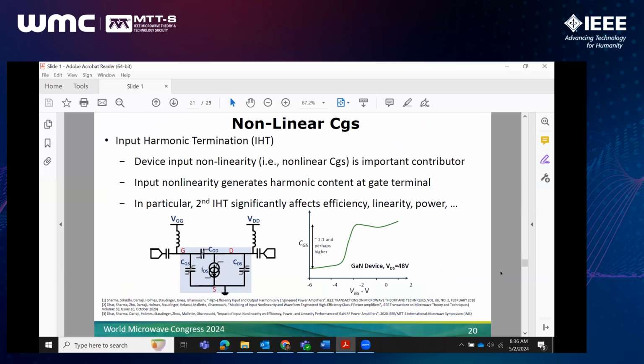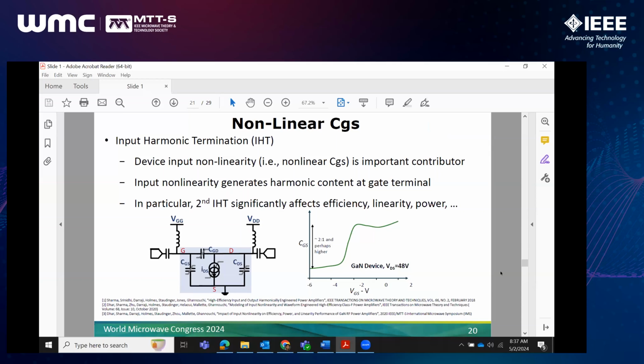All right, so today we've neglected some of the other nonlinearities in the transistor. One of the more important ones is the nonlinearity of CGS. CGS is the gate-source capacitance, and for a GaN device, you'll find that this changes quite a bit depending on bias.